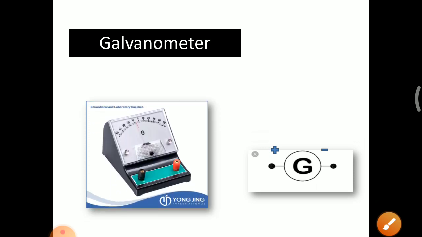The next one, galvanometer. Till now you know ammeter and voltmeter. The ammeter is used to measure electric current and the voltmeter is used to measure electric potential. So what is meant by galvanometer?